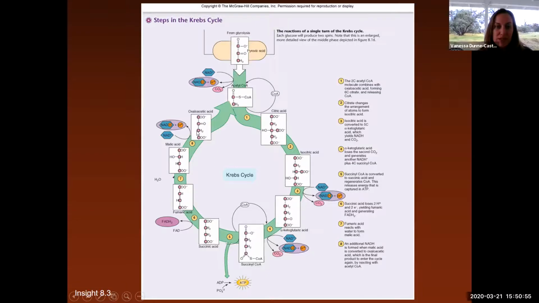This acetyl group is donated to that oxaloacetate or oxaloacetic acid to generate this 6-carbon citric acid. And then we see this whole process here where we have a series of biochemical reactions. There are 1, 2, 3, 4 reduction events that are occurring, generating 3 reduced NADH plus H plus and 1 reduced FADH2. This is one of the key metabolic intermediates, alpha-ketoglutaric acid, and another one, succinyl coenzyme A.